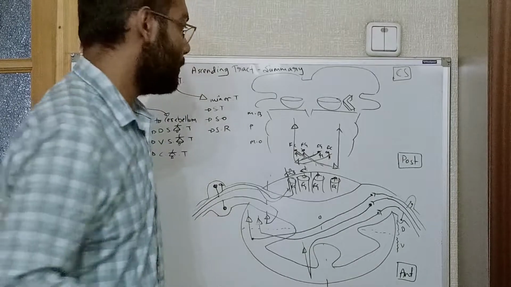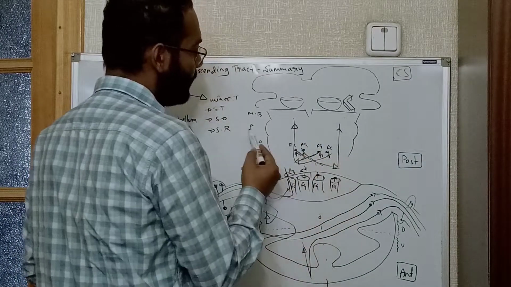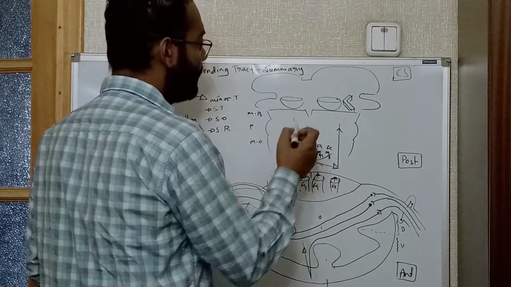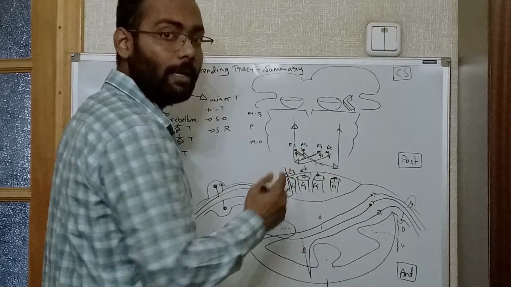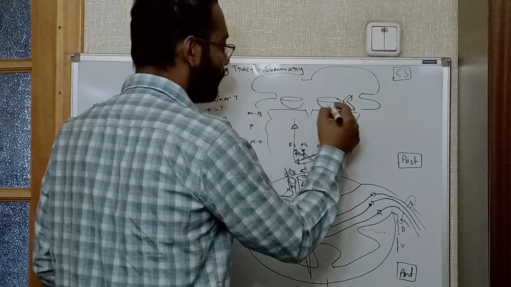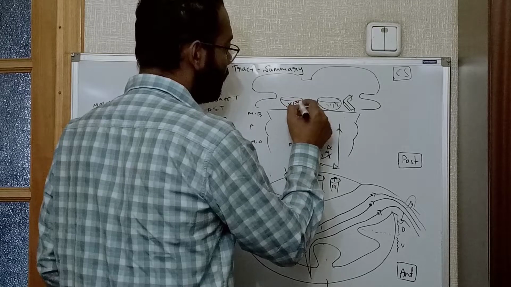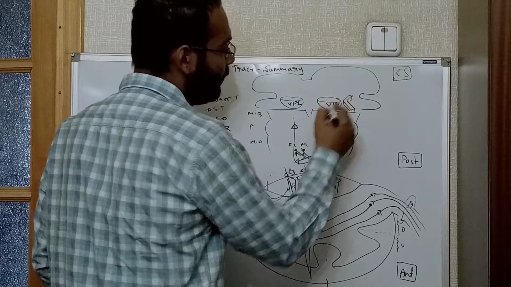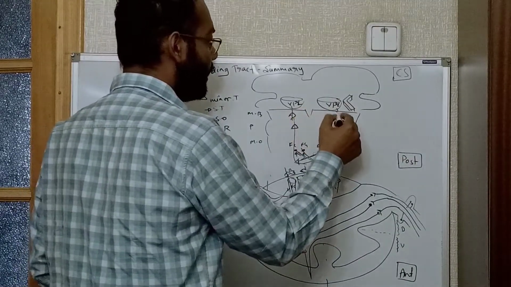You can find this fiber at the pons level, at the midbrain level, and the upper part of the medulla oblongata level. Clear? Now where will it end up? This is our thalamus, and in the thalamus you have the VPL, the ventroposterolateral nucleus. So it will end up here and here.